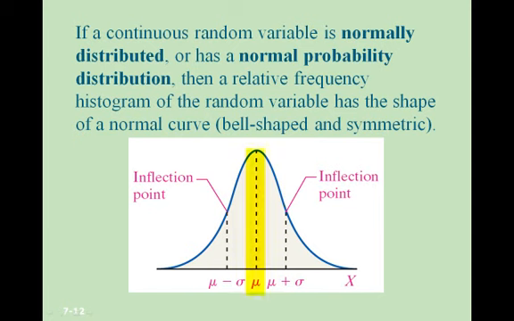We see here that the highest point is our mean in the middle, and we have inflection points, or a change in the direction of the curve of our line, at the mean minus the standard deviation and the mean plus the standard deviation.